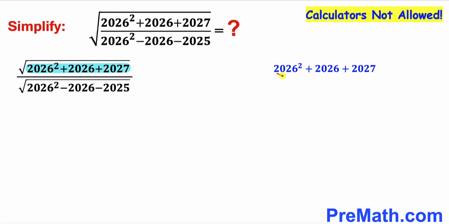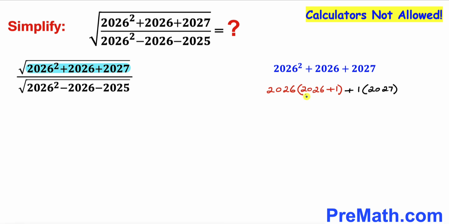So therefore I am going to take a common 2026 and inside the parentheses we got 2026 plus 1. And now let's focus on this 2027. I could write this as 1 times 2027. It doesn't make any difference whatsoever.